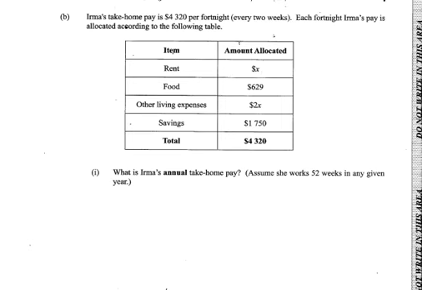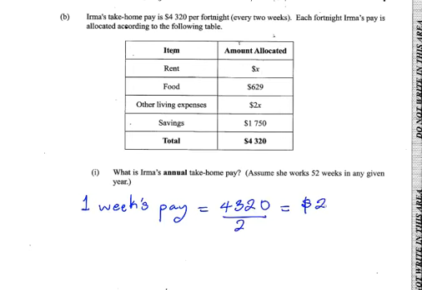The information I have is her fortnightly take-home pay. So I would start off by finding out how much she gets paid for 1 week. One week's pay would be $4,320 divided by 2, and this would be $2,160.